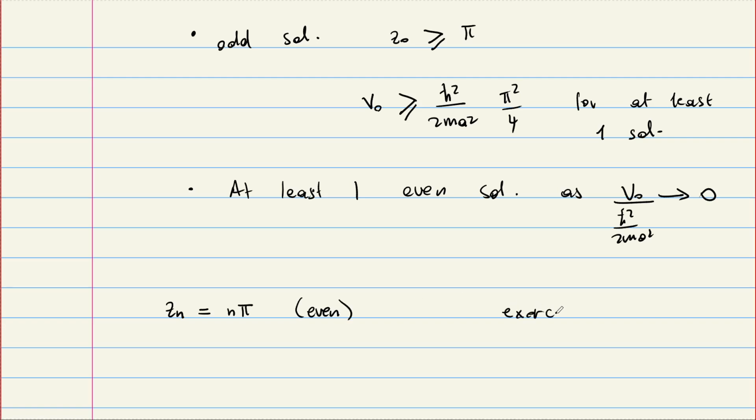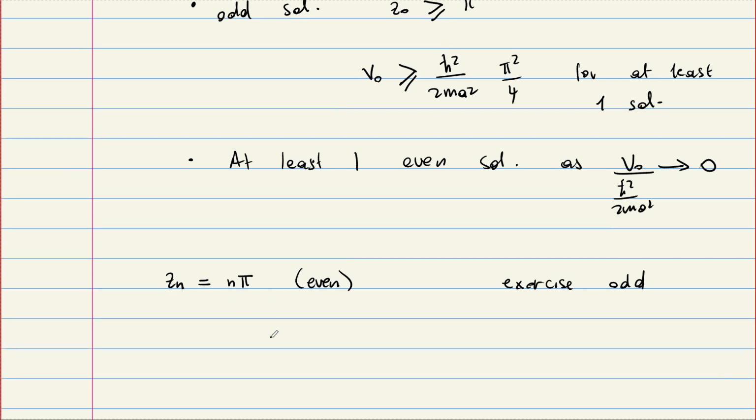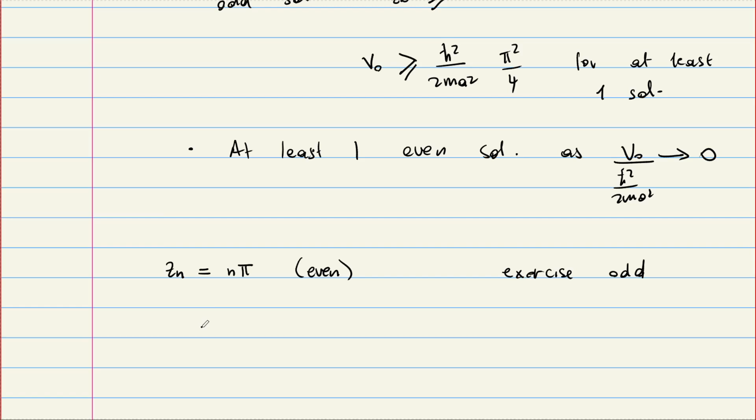Exercise for odd: think about how this changes. This is going to give you E equal to h bar squared over 2m a squared times pi squared n squared minus V0.